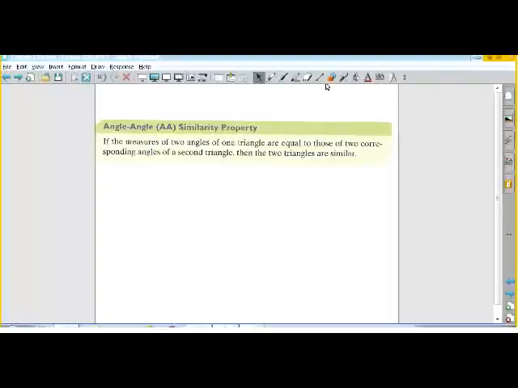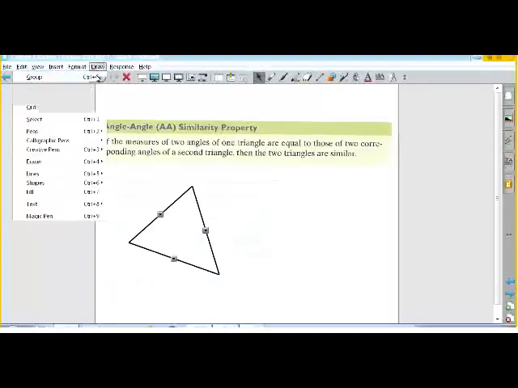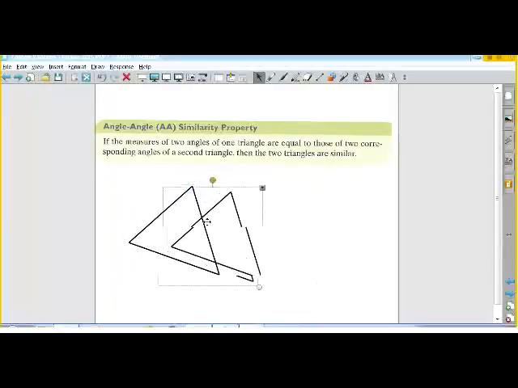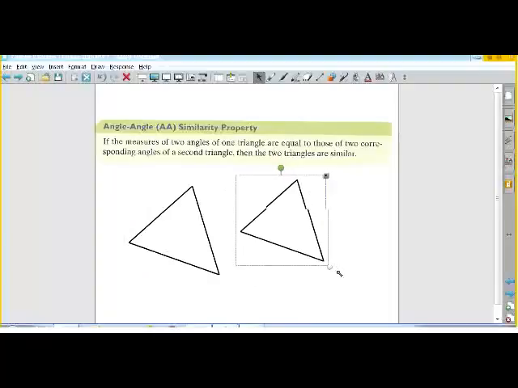So let me just draw a triangle and explain what this is saying. So here's my arbitrary triangle. And now we'll group them together so it actually is a triangle. And I'm going to clone this thing, and I'm going to shrink it. There it is.